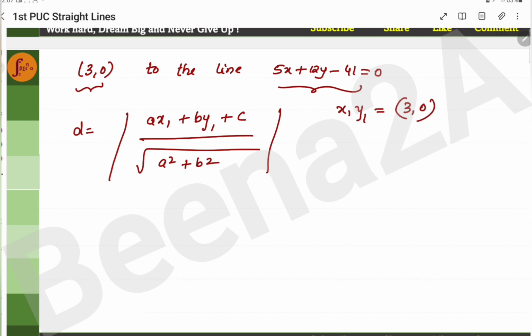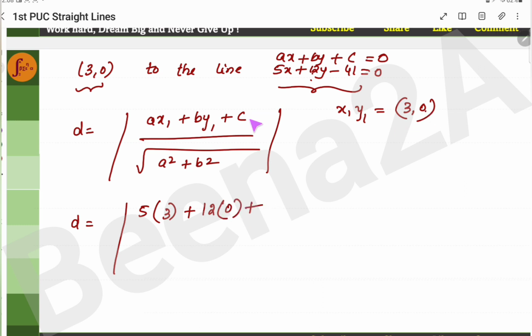So we'll put a is equal to 5 into 3 plus b is equal to 12. This is ax plus by plus c is equal to 0. Instead of y1 we have 0 plus c. Instead of c we have minus 41.